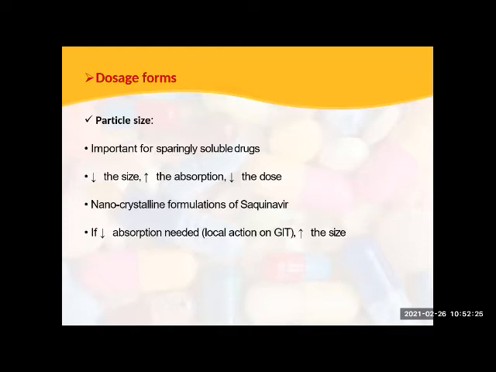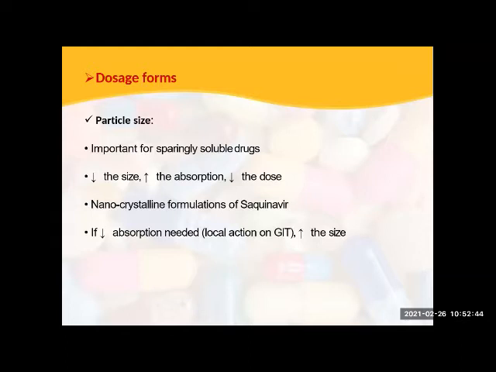Okay, so example is given of the nanocrystalline formulations of saquinavir. By making the nanocrystalline formulations of saquinavir, we are able to decrease the dose of this antiviral agent.